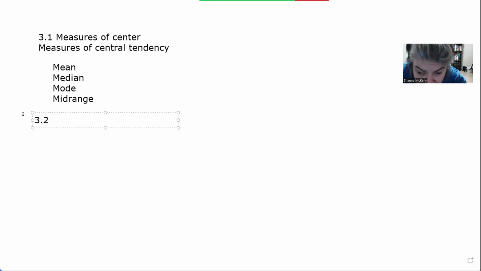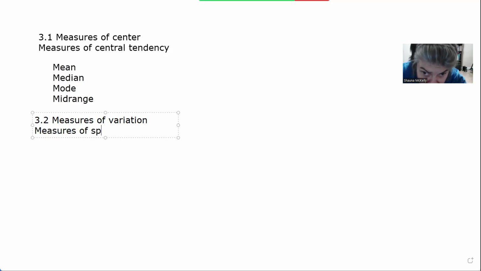3.2 was about measures of variation. Typically here, these are measures of spread. These are measures of how the distribution is spread out, how the data values look when you graph them, if they're spread out widely or if they're clustered around the same area.